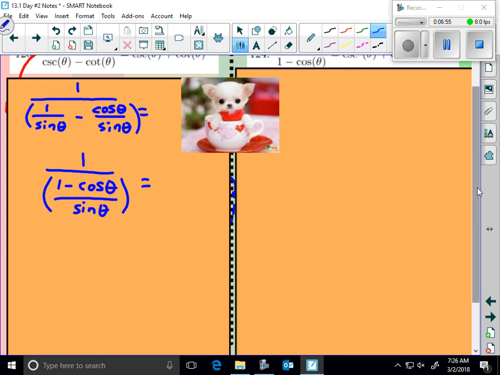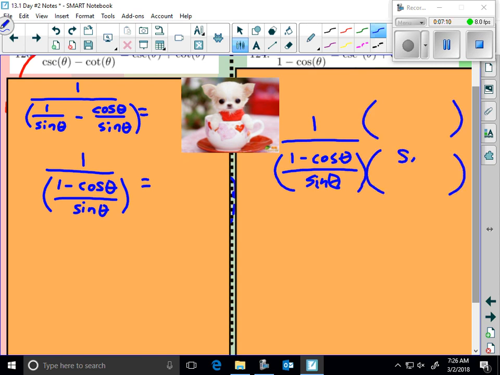Now that might not make sense to you. Let me do it over here. So if I had 1 over 1 minus cosine theta over sine theta, instead of dividing by a fraction, we're told that we can multiply by the reciprocal, right? So I'd multiply by sine theta over 1 minus cosine theta. Same thing up here, sine theta over 1 minus cosine theta.